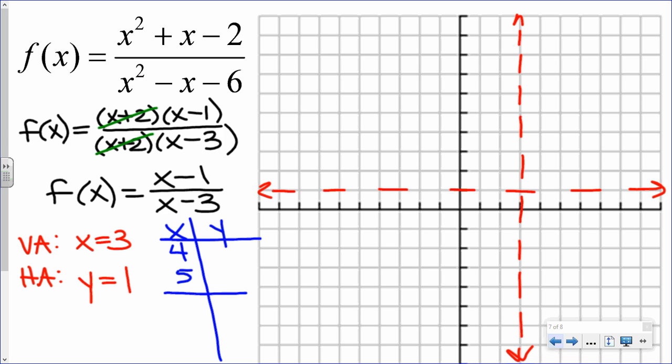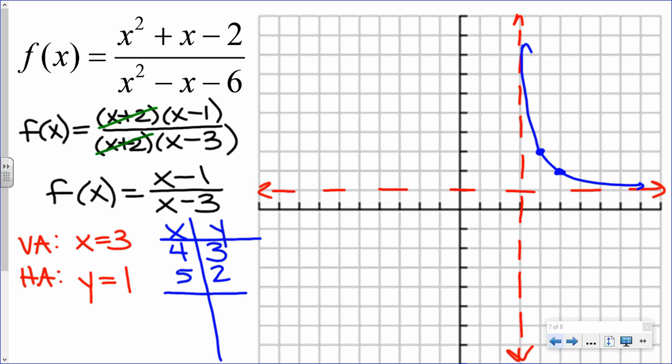So if we plug in 4 minus 1 over 4 minus 3, that would give us 3. When we plug in 5, we would get 2.